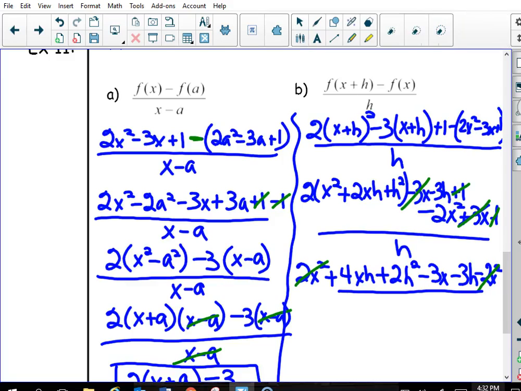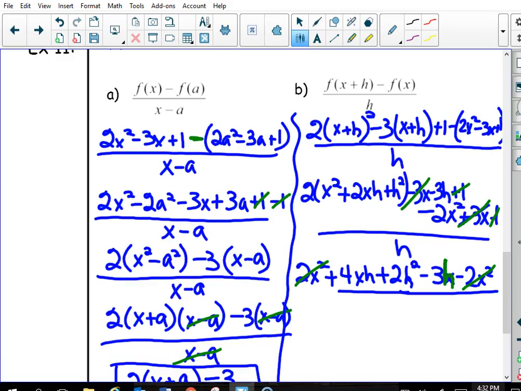So minus 3h, and we cancel that 2x squared. Oops, that's supposed to be minus 3h.